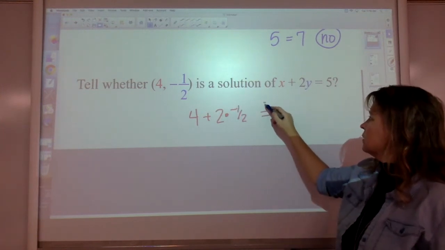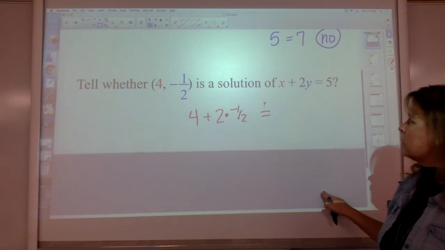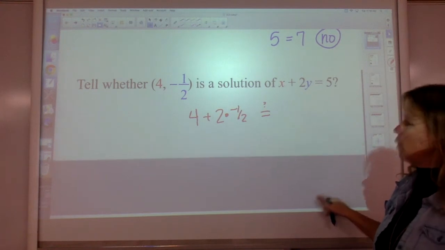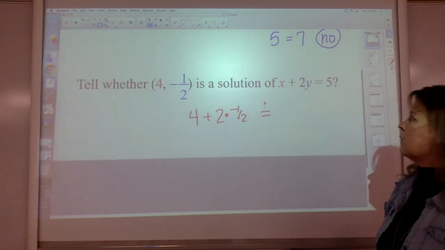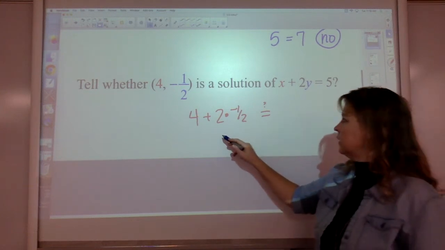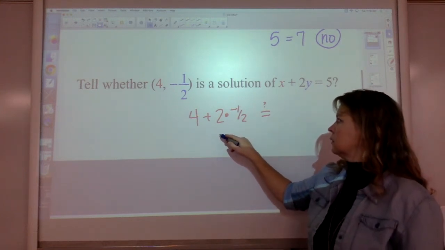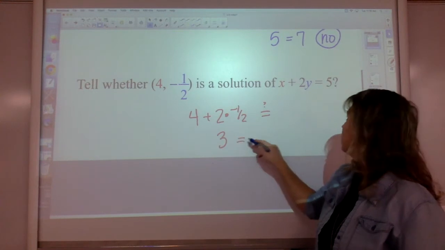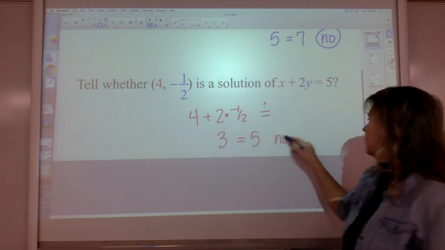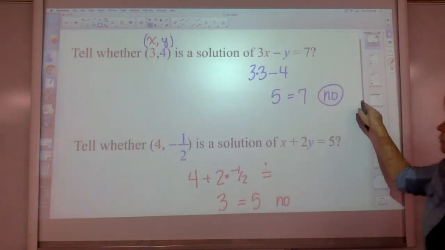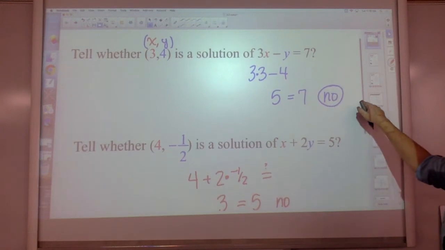See what it equals? 4 plus 2 times negative 1/2 is 3. 3 equals 5. Nope, not a solution. Neither one of those are solutions.